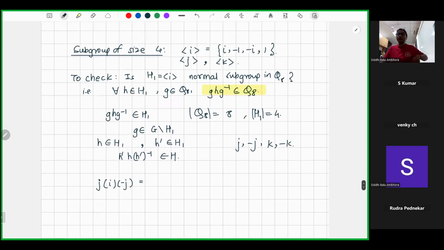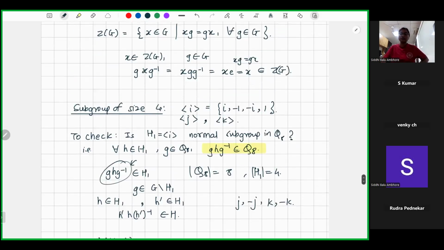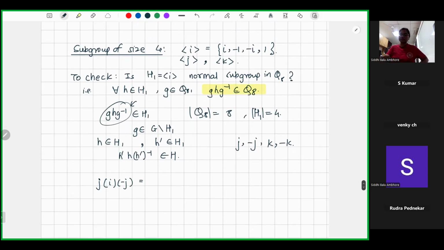Also note that 1 and -1 commute with every other element, so we again do not need to check for those, because elements from the center commute with every other element of the group, and in that case this will hold.